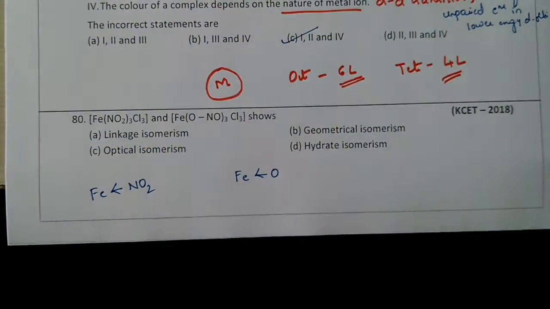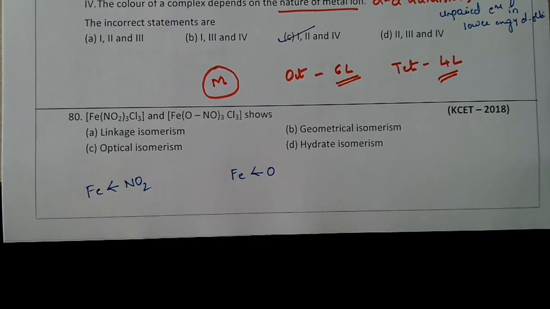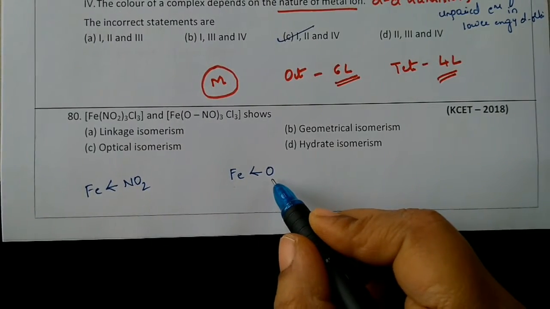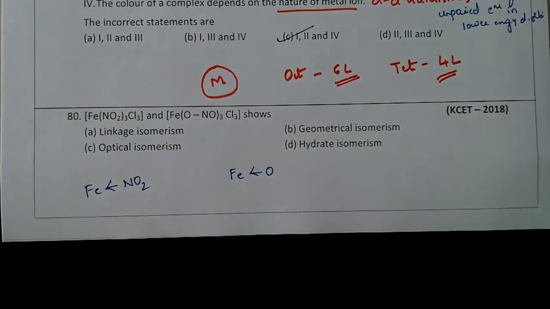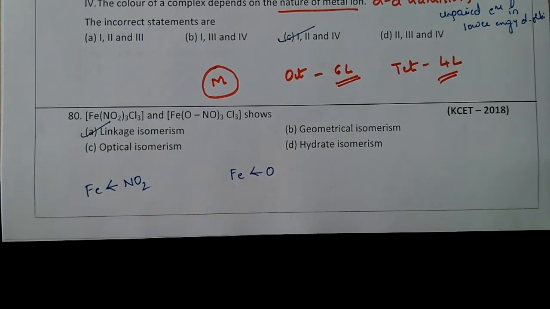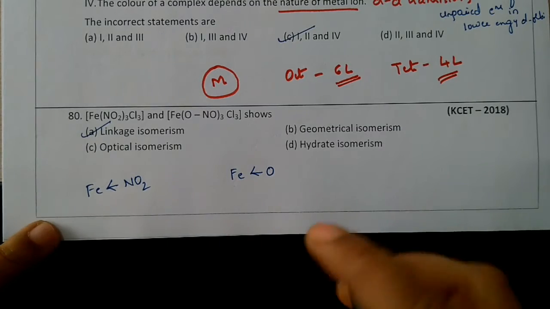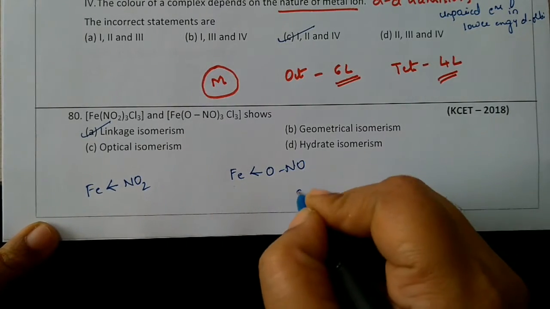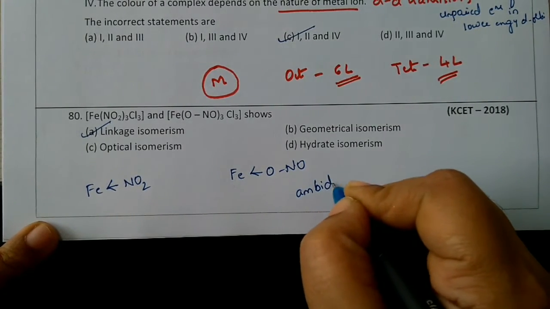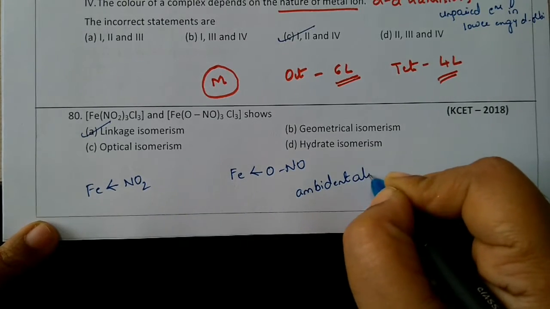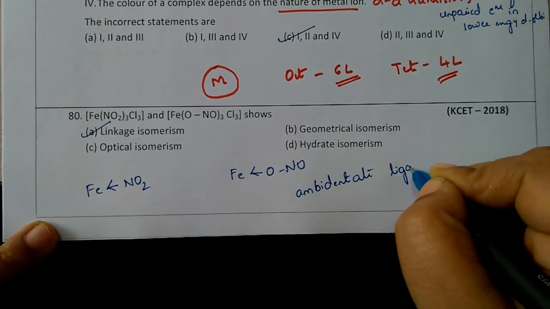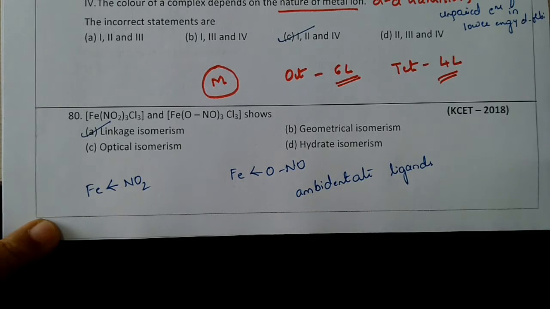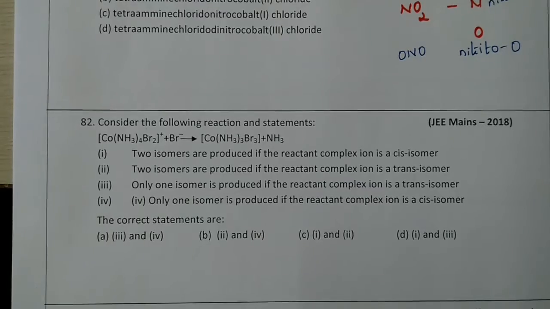In the first case the ligating atom is nitrogen, in the second case it is oxygen. So we can say that they show linkage isomerism, and the ligands are called ambidentate ligands. It is a monodentate ligand, but it can have more than one donor site. So those are called ambidentate ligands.